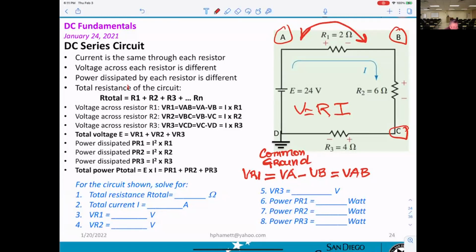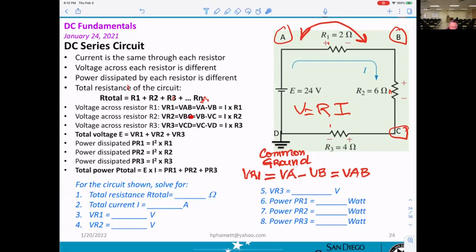Okay, total resistance. If they're asking for the total resistance for a series circuit, add up the resistors: R1 plus R2 plus R3 up to Rn. It doesn't matter how many resistors you have in series, add them up. To calculate the voltage across R1, VR1 equals VAB equals VA minus VB equals I times R1.